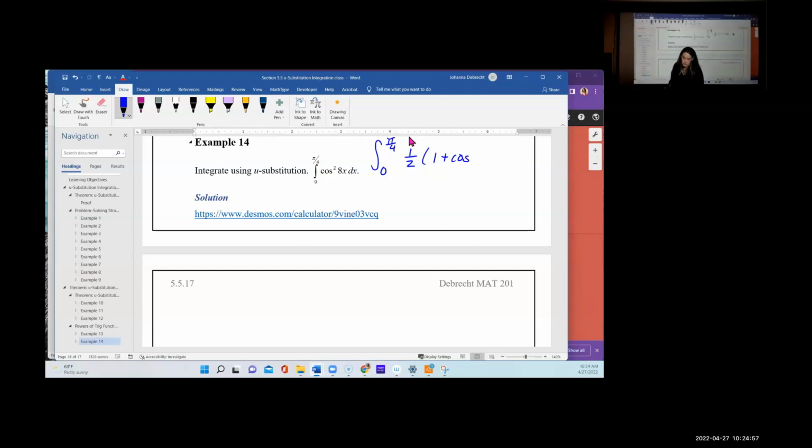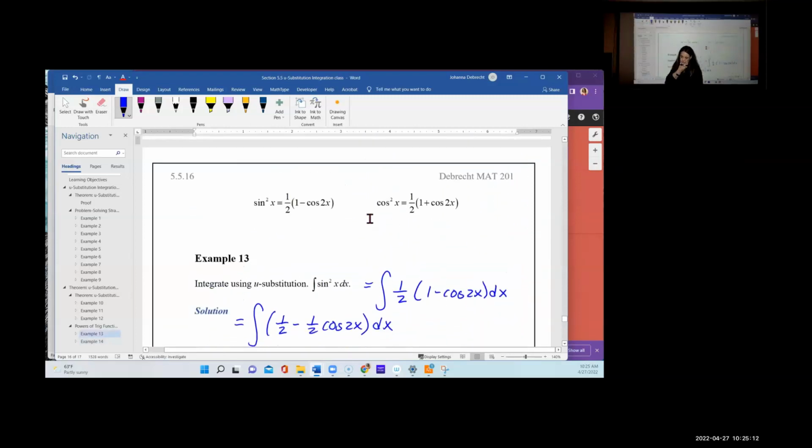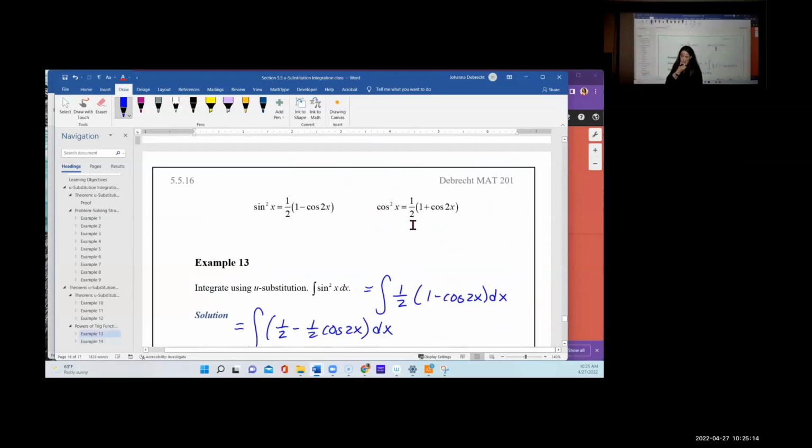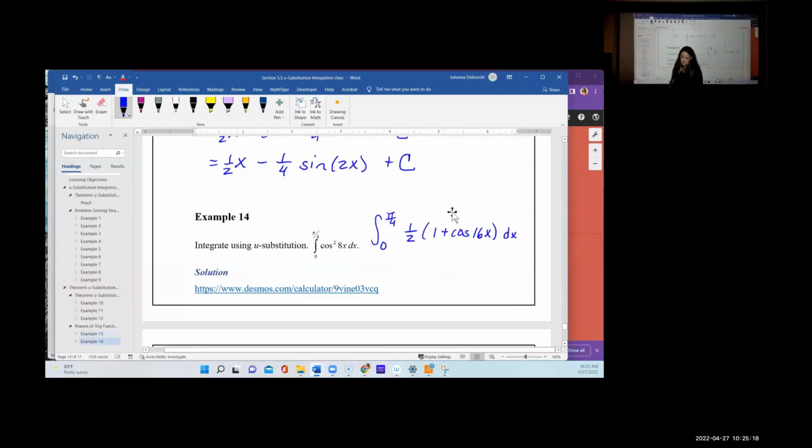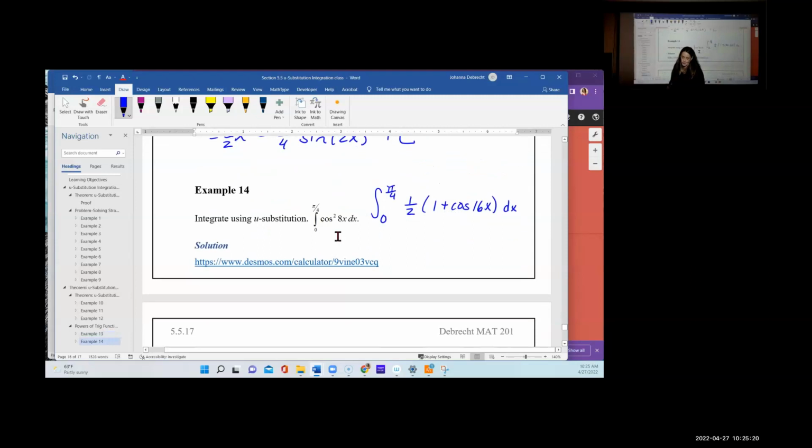What is our original argument? 8x, so 16x. Double check your formula. Up here at the top, it is 1/2 (1 plus cosine of double the angle). So we've done that. And now we can split it into two integrals.